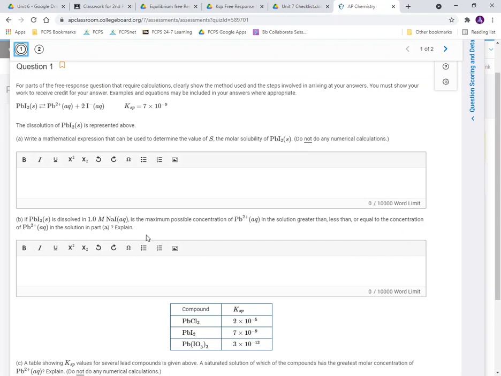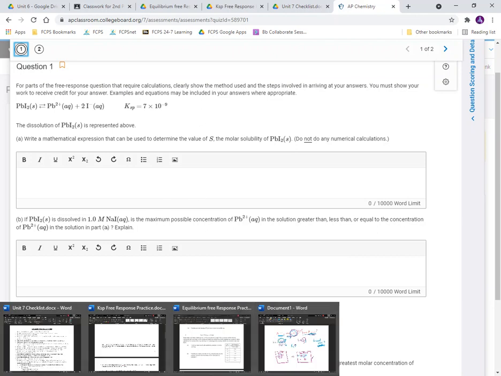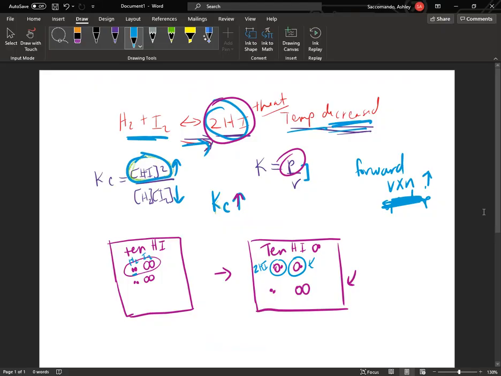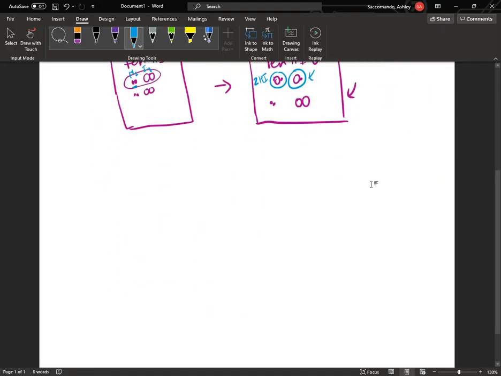Now, I don't really like their explanation here or their scoring guidelines. This is the one I was talking about in class, because they don't really refer to the common ion effect. But remember, you can think of this as a Le Chatelier problem, because if we have PbI2 dissolving, you're going to get the lead and then the 2 iodides.